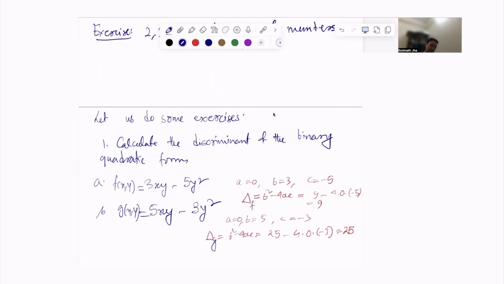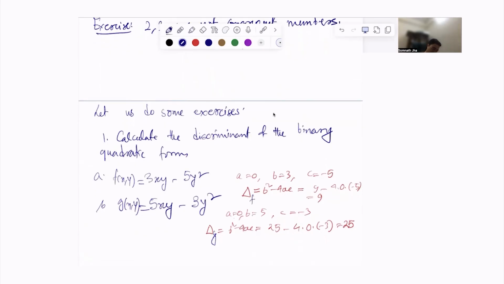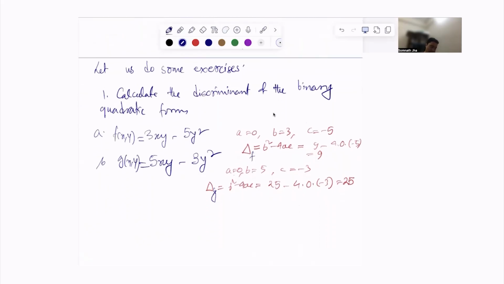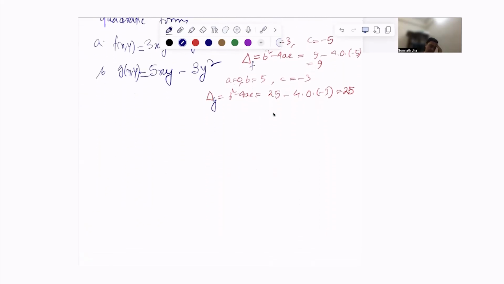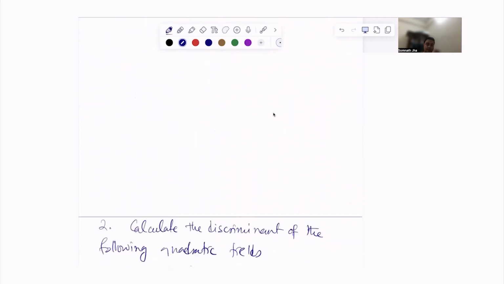These are integral forms, primitive forms, but they are not positive definite. The discriminant is positive. This easy exercise almost follows from the definition.